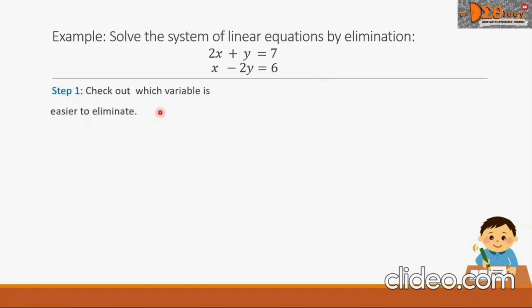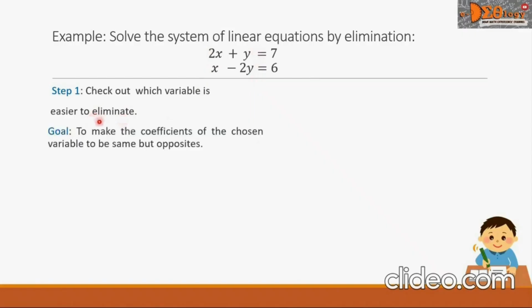So let us proceed with step 1. Check out which variable is easier to eliminate. We have the variable x respectively for the two equations and the variable y for the two equations respectively.